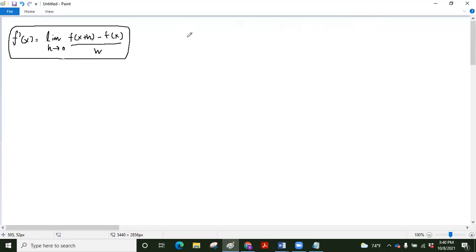So if someone gave me a function, like if they said f of x equals x squared, find f prime, I could use this definition in order to get f prime. I know that f prime equals f of x plus h minus f of x over h.